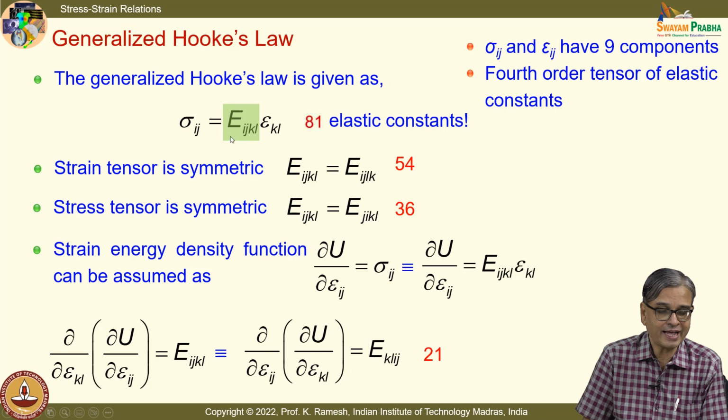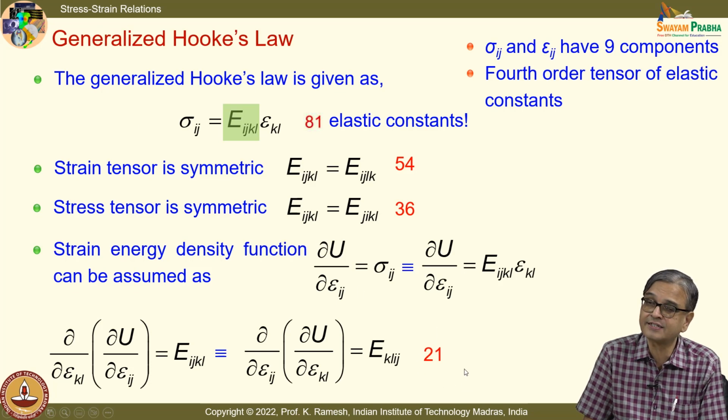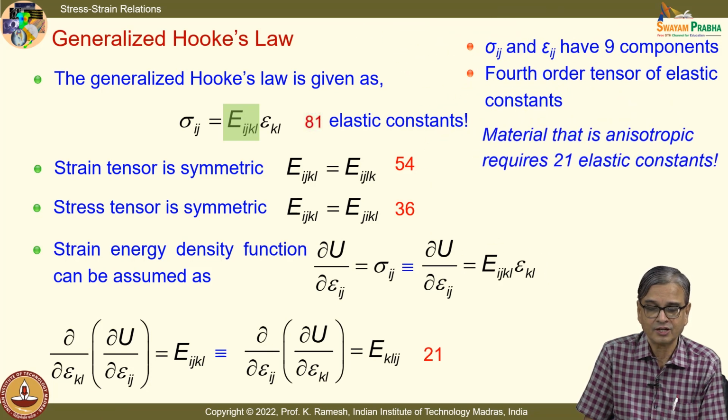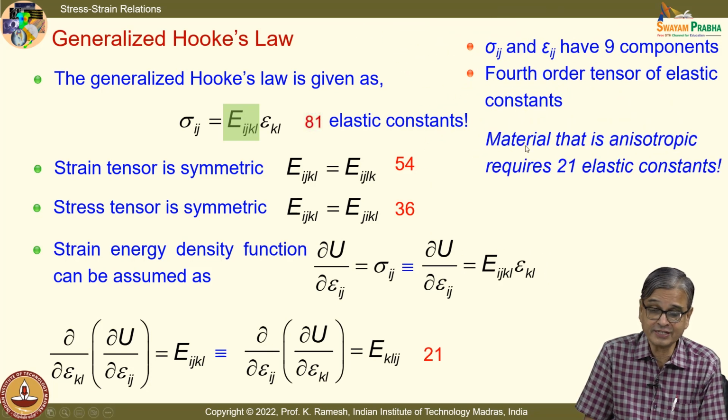So I have 81 elastic constants, 54, 36, and finally, with all this discussion, for an anisotropic material the number of elastic constants reduces to 21. Suppose I go to an orthotropic material, I will stop with that. So this emphasizes that an anisotropic material requires 21 elastic constants.